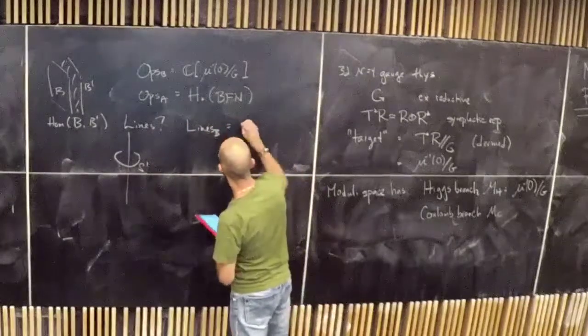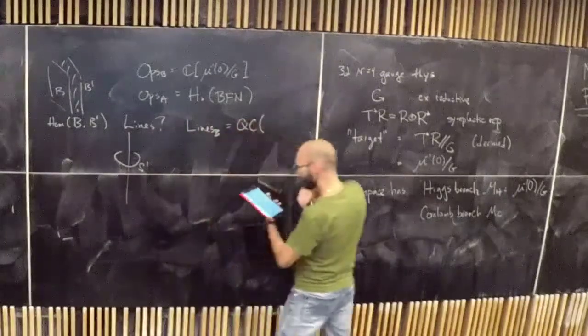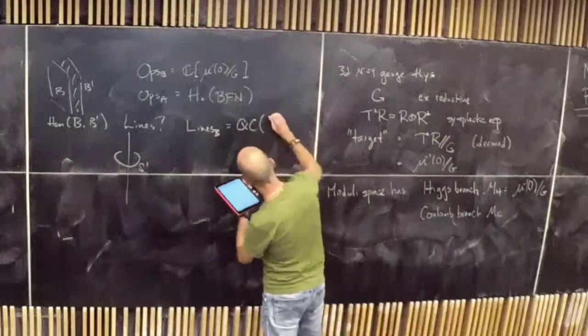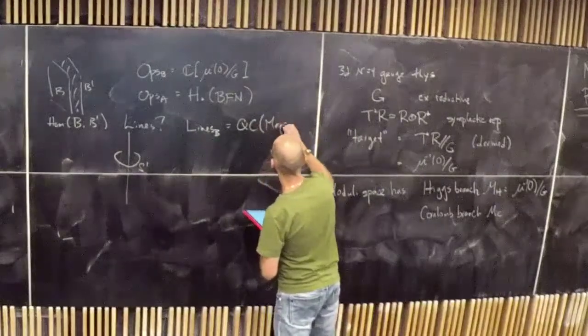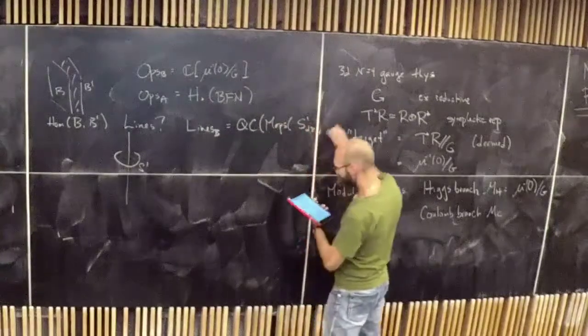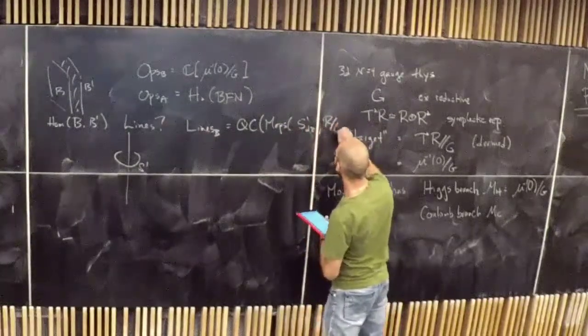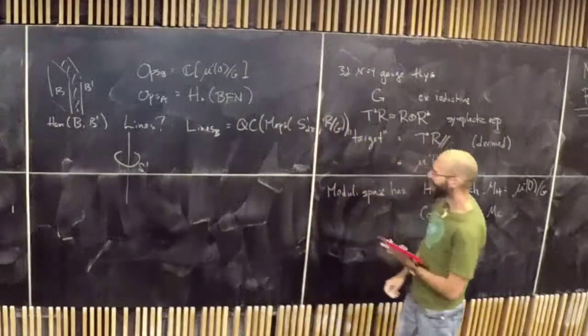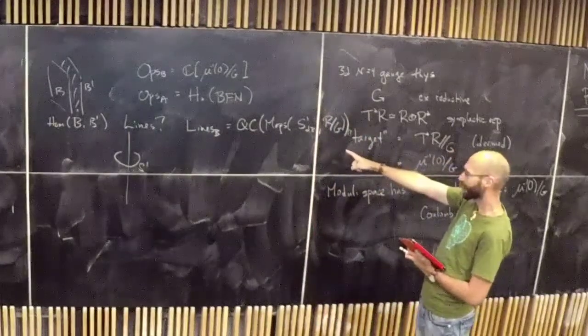The category of B-type lines is quasi-coherent sheaves on the derived loop space of R mod G. Sitting in here is a smaller thing.